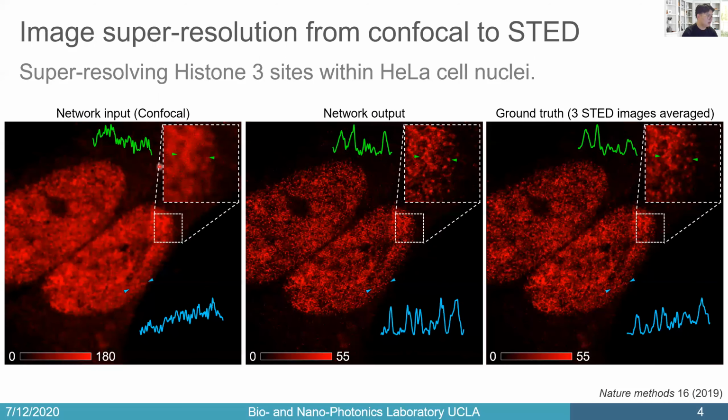The network takes this single image as input, super resolves it, and matches well with the ground truth image, which was taken with a STED microscope. The STED microscope actually introduced thousands of times more optical power for excitation and depletion. We can also draw the cross-section profiles to reveal this high degree of matching.